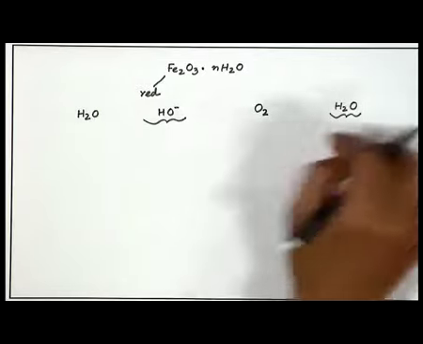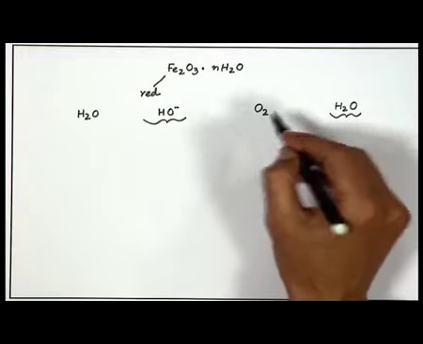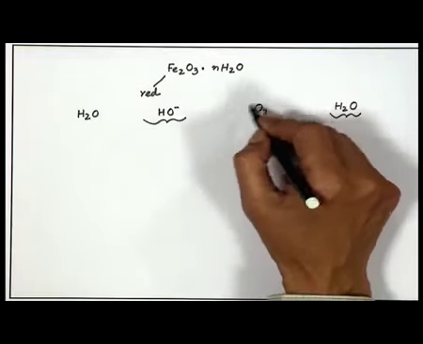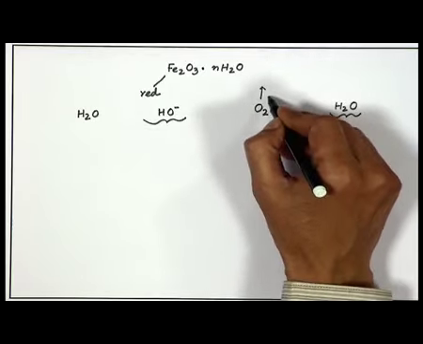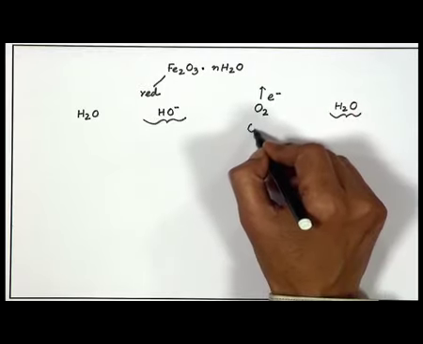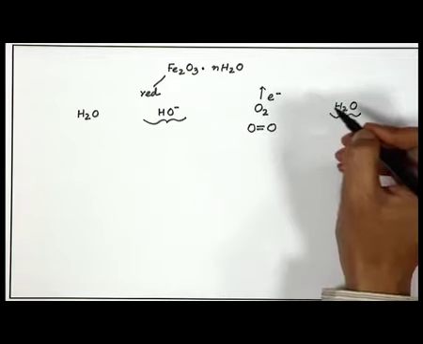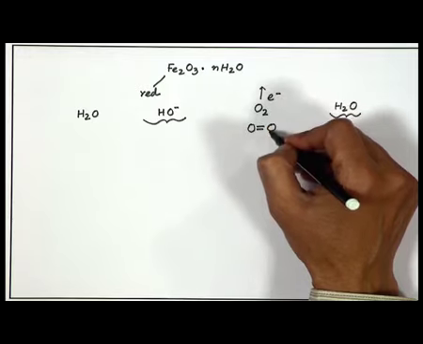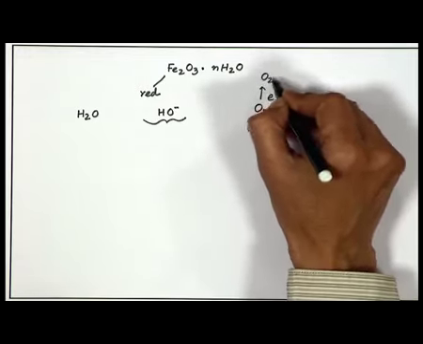These always involve some transfer of electrons. If O2 is utilized for the reduction process, it can take up electrons. The standard bonding picture of O2 is a typical diatomic molecule. If it takes one electron, it goes to O2 minus.